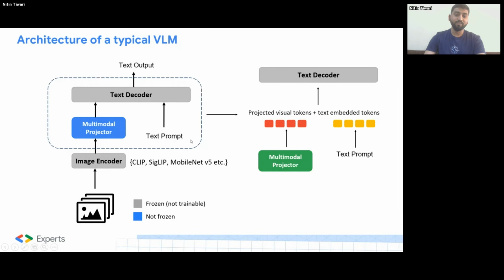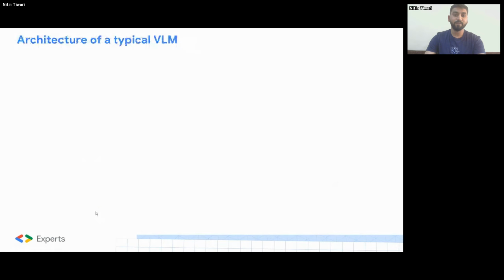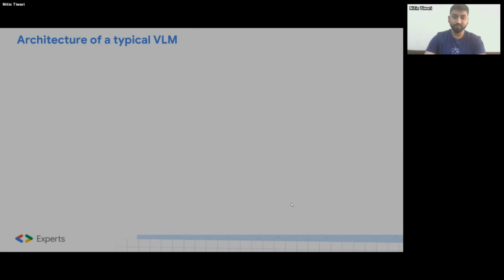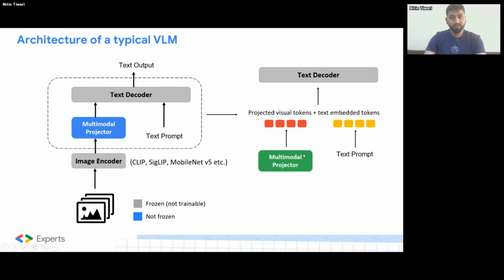The text prompt can be, for example, if I go back, this was my image, and let's say my text prompt was, can you do OCR on this image? Ideally my output would be a portrait of experts machine learning. Or if my prompt was, can you do some image captioning on this, my output would be a portrait of a man in blue shirt and so on. So the yellow one was nothing but, can you do image captioning?